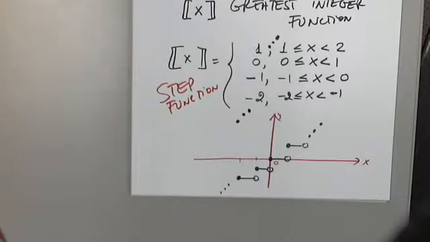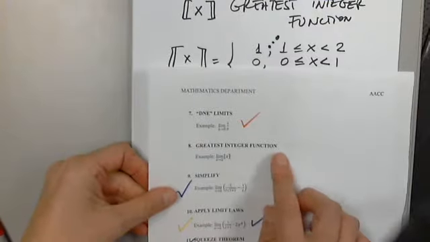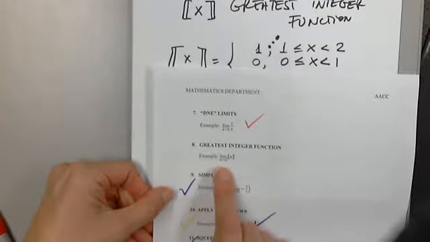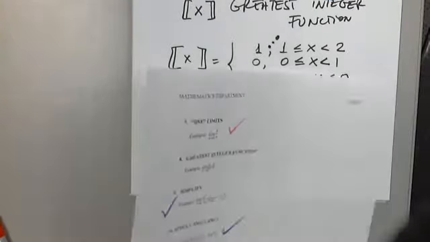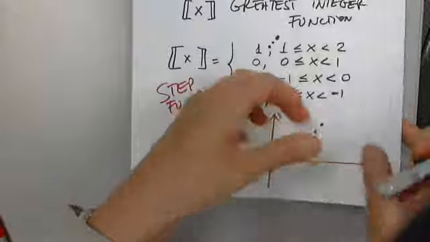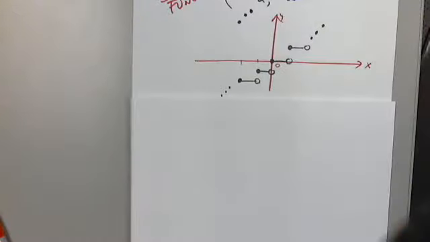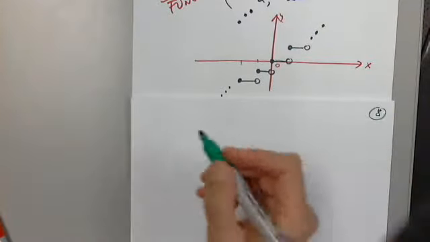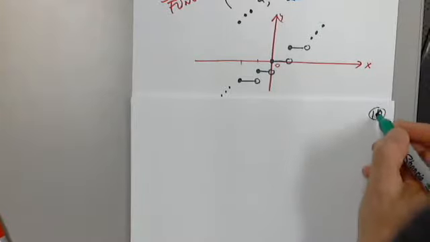And now we can answer the limit on the greatest integer function. As x approaches 2 from either side, I have to find both limits. So that question on the list of limits, no, that's 10.